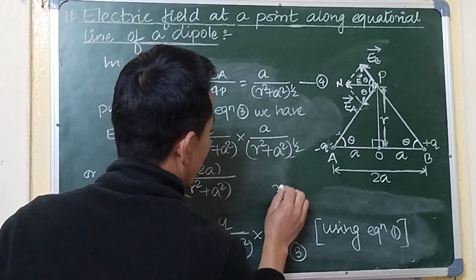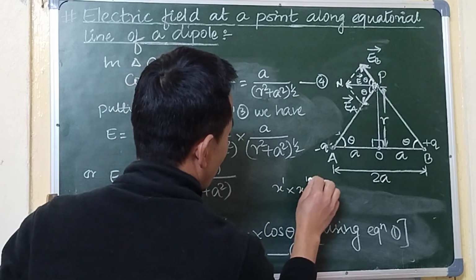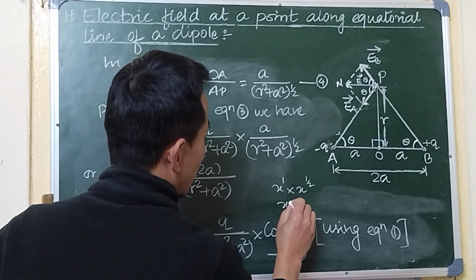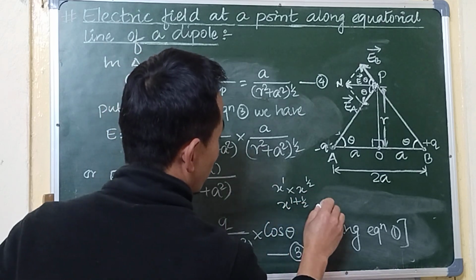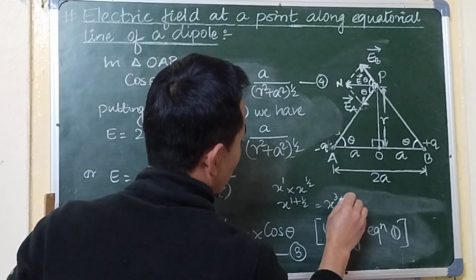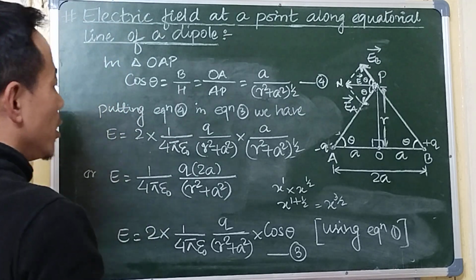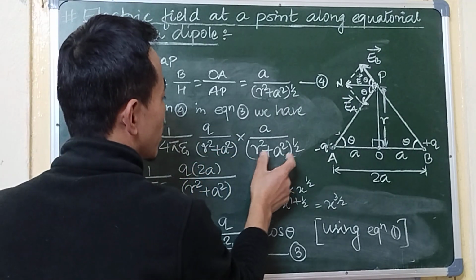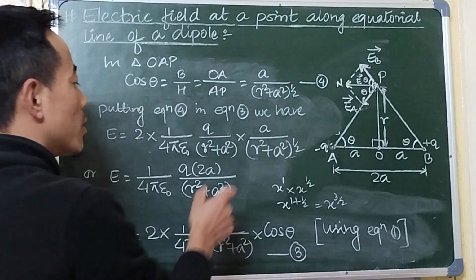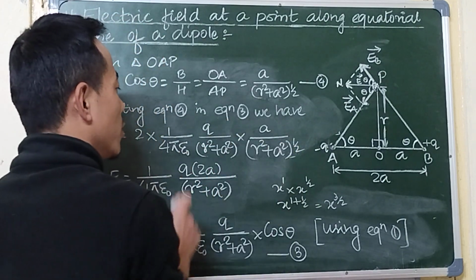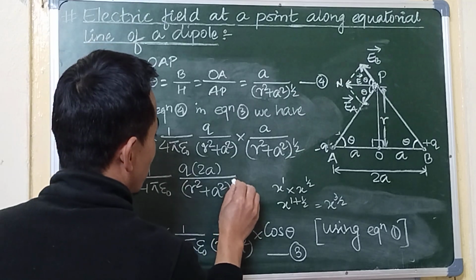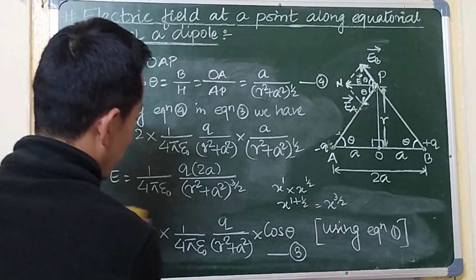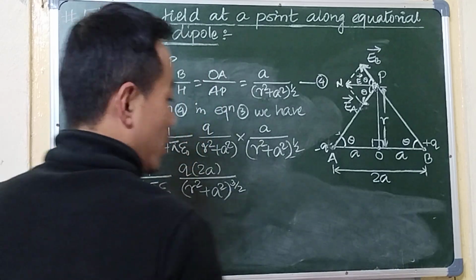For example, x to the power 1 into x to the power half is 1 plus half, which becomes x to the power 3 by 2. Similarly here, R square plus A square to the power 1 into R square plus A square to the power half gives 3 by 2. I hope this is clear to you.